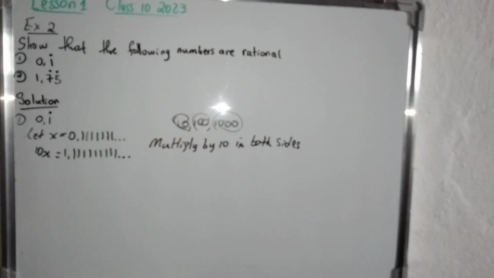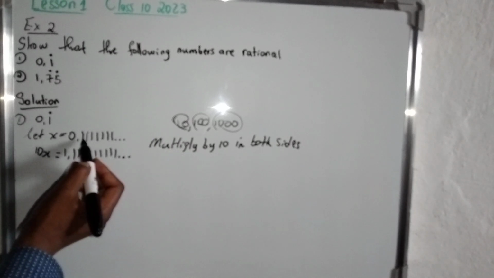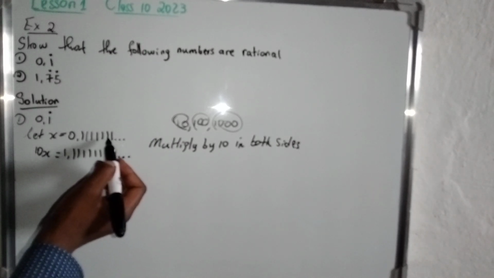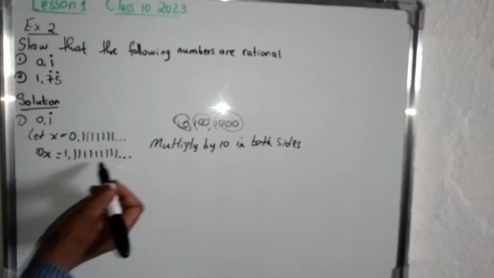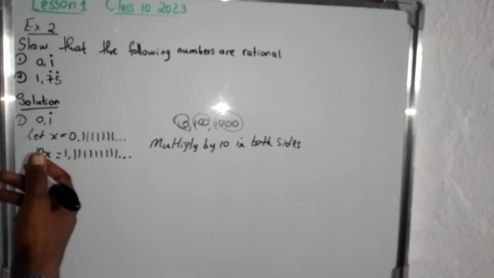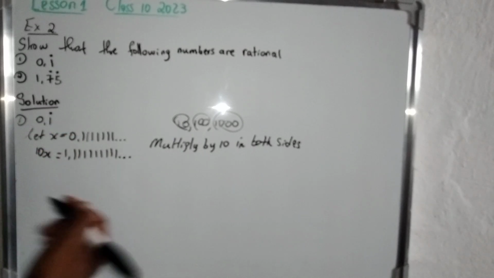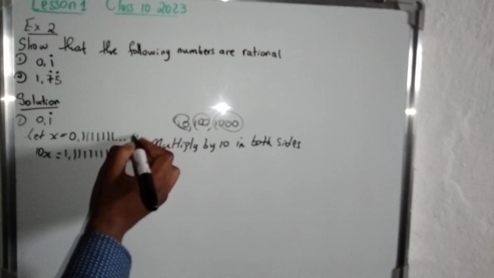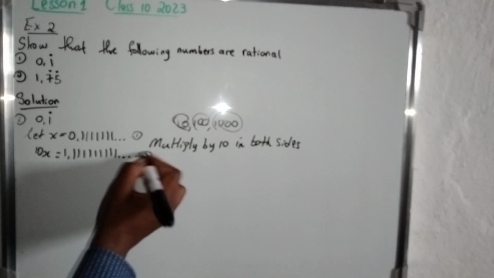Okay, so now you see that these digits after the comma are the same as these ones, nothing different here, and then you simply separate the two equations. This is equation number 1 and this is equation number 2.